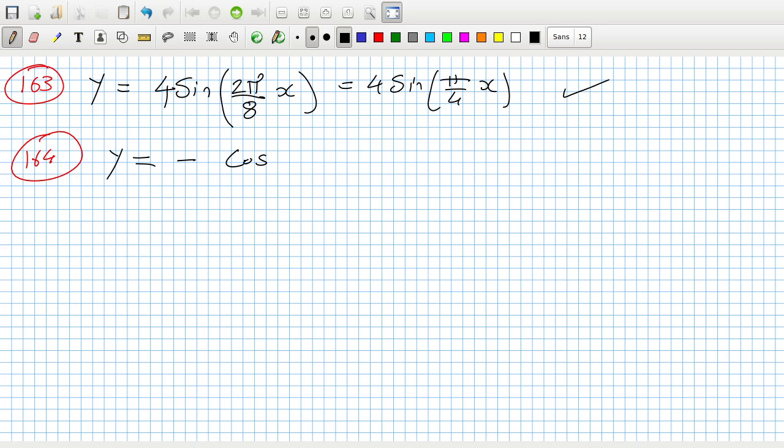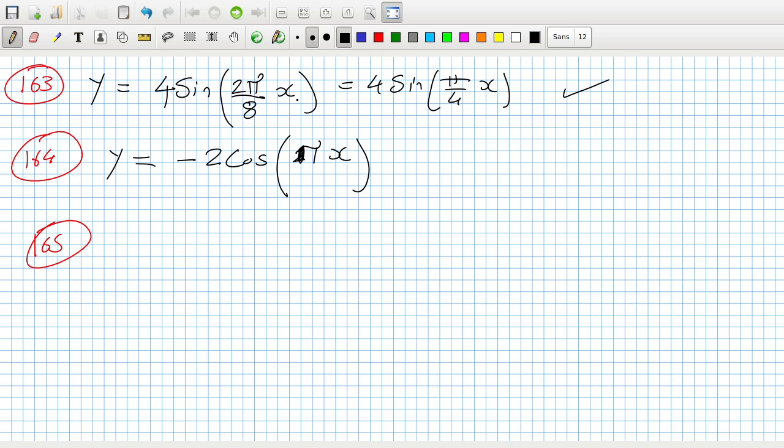The amplitude is 2, and the period is 2 units. So it'll be pi x, 2 pi over 2. Yeah, okay, I think so.